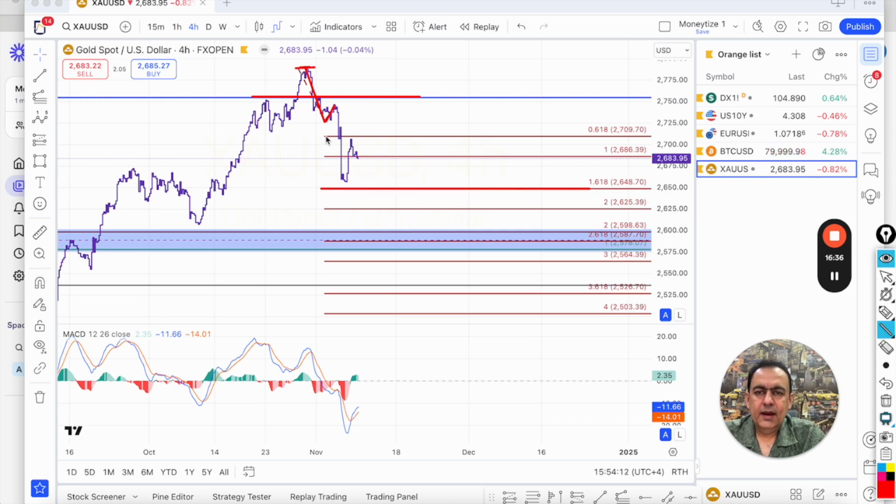Now the pullback was anticipated, and 2709 is now playing as major resistance. So until it remains below 2709, and also until it remains below 2757 on the higher time frame basis, I'm expecting gold will complete its correction and move downwards towards the 2598, 2600 level, the round number, followed by 2578.